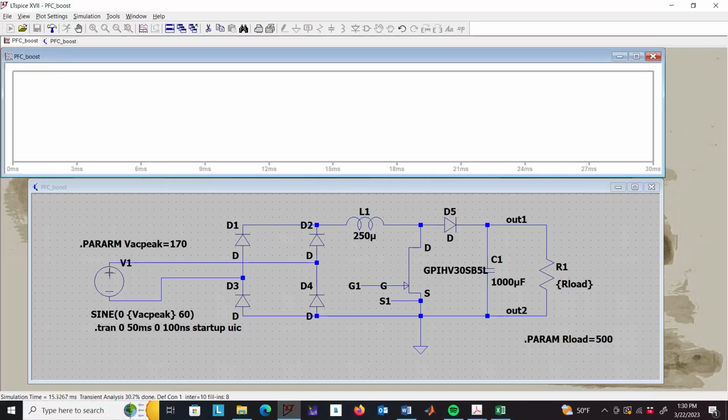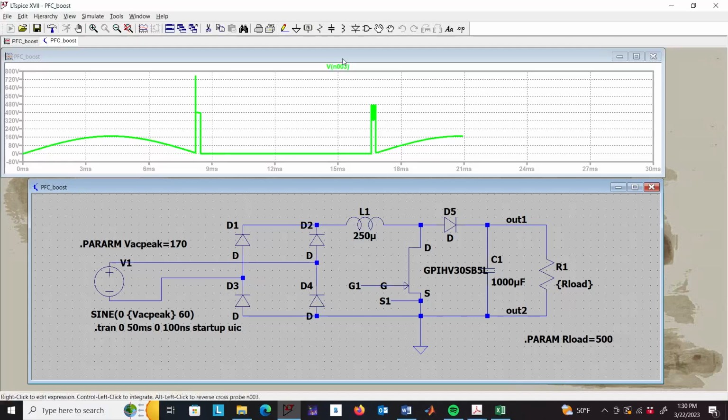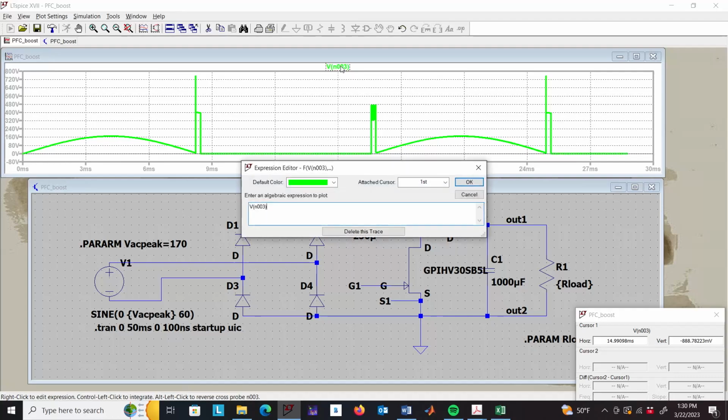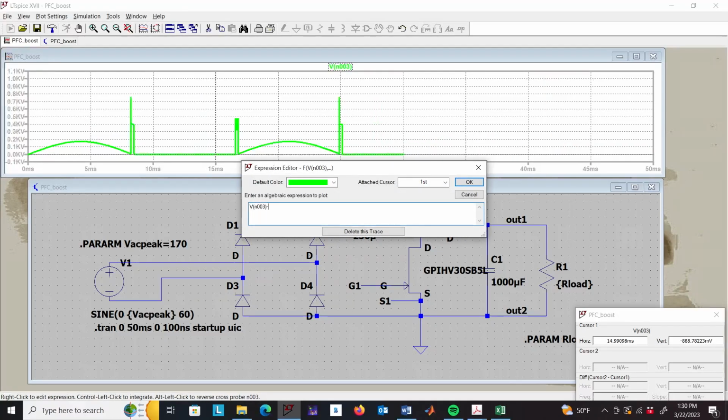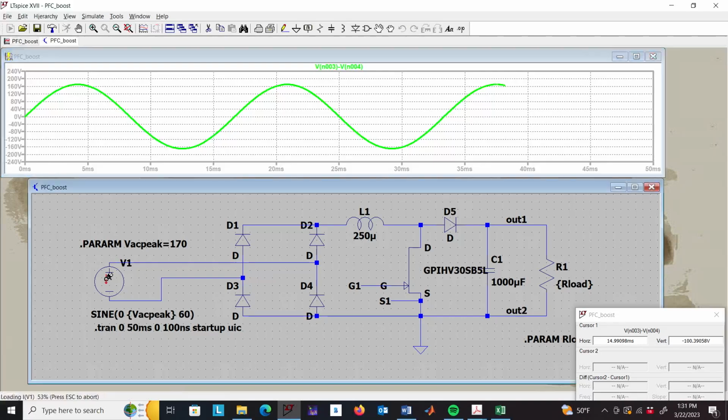Let me take a look at the AC input voltage. Looks like that's the AC input voltage. Let me look at the AC input current.